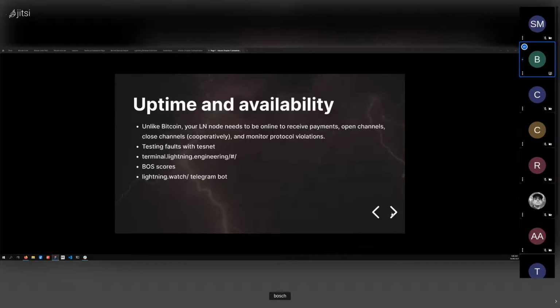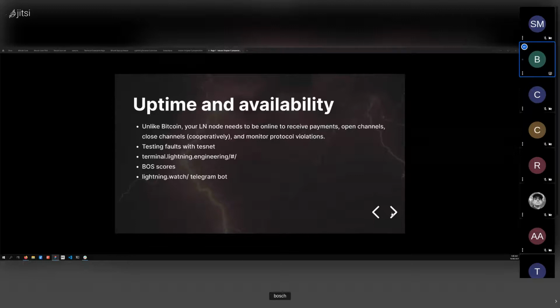Uptime and availability is an important metric to consider when you're running a Lightning Network node. Unlike Bitcoin, Lightning Network nodes need to be on all the time, like I mentioned before. It needs to be on to open channels, close channels, and monitor protocol violations like broadcasting old commitment transactions. If you're reasonably tech savvy, you may want to consider testing faults using testnet coins.